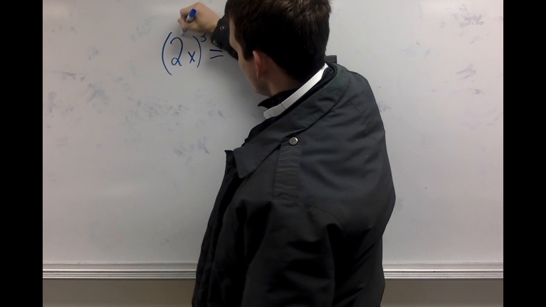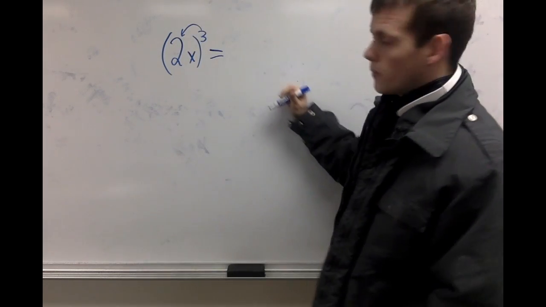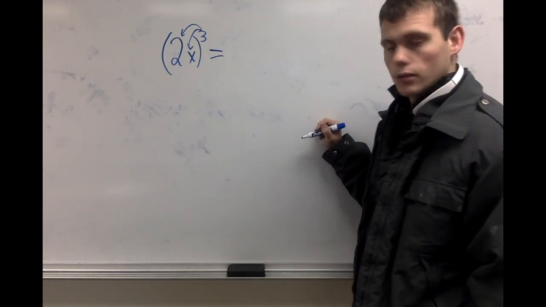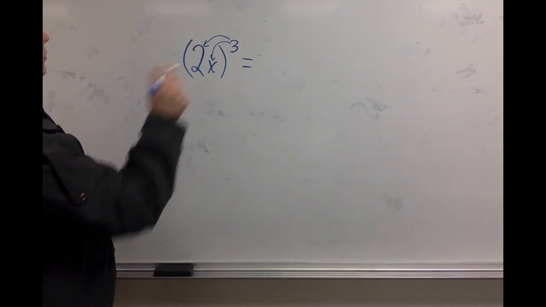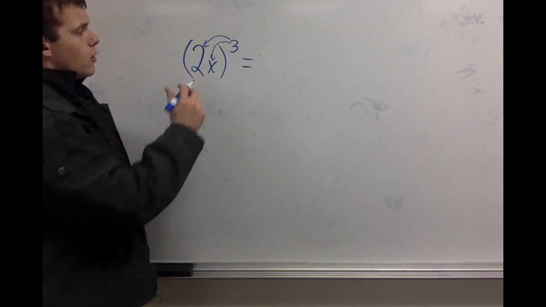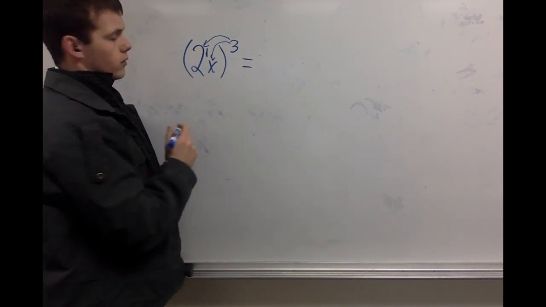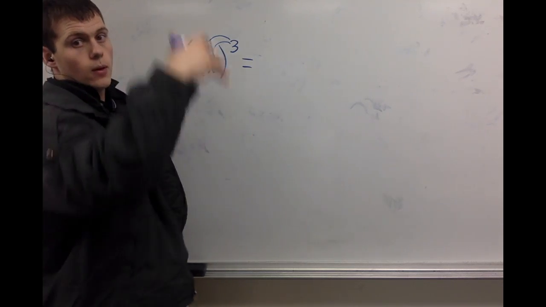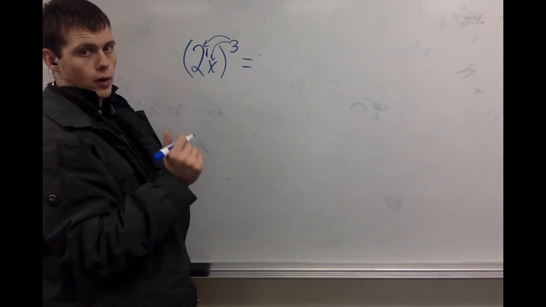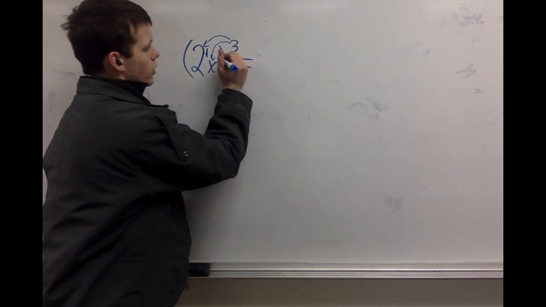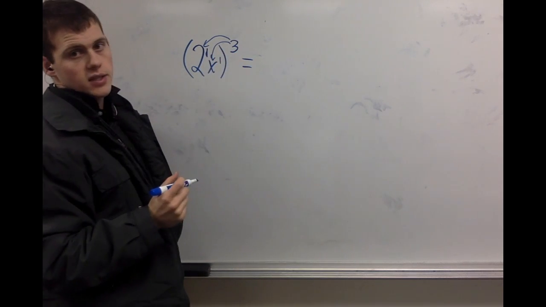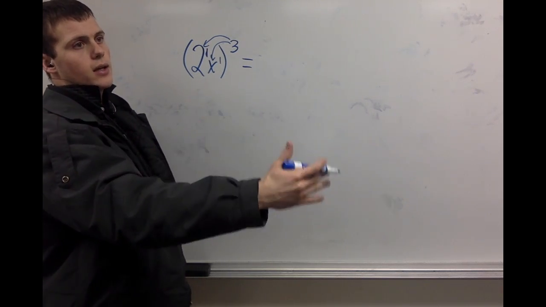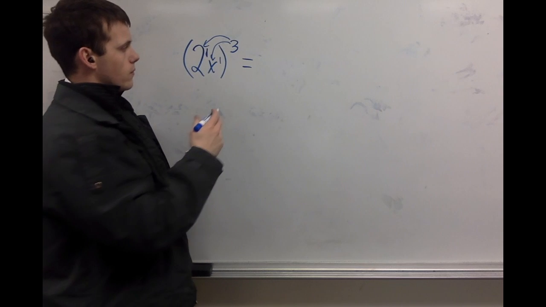So as we distribute that exponent, remember that there's a little 1 here because 2 to the 1 is equal to 2. We also have x by itself, so x to the 1 is equal to x.